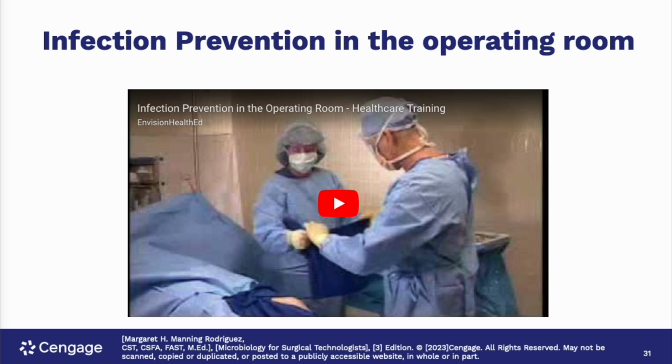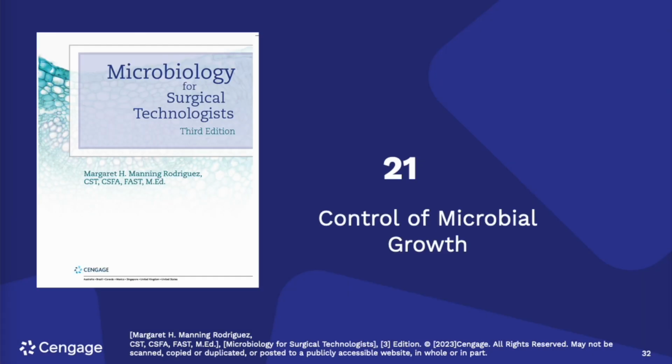All right, which brings us to the end of our mini session, Chapter 21, Control of Microbial Growth. Now, what did we do? We explored key aspects of infection control and sterilization in healthcare settings, particularly in surgical environments. We covered the importance of decontamination, including cleaning instruments and surfaces after use, ensuring proper storage and transport.